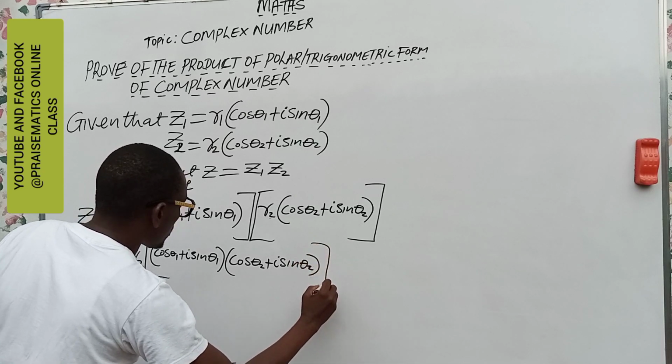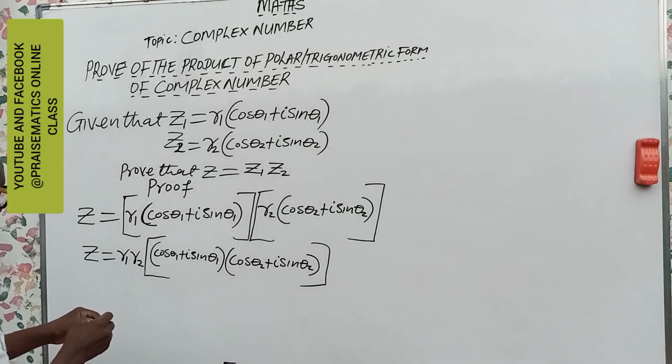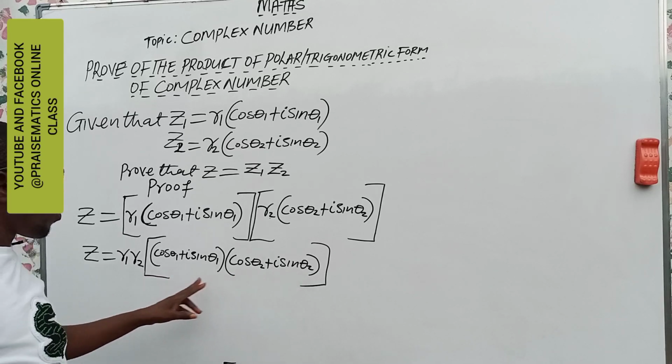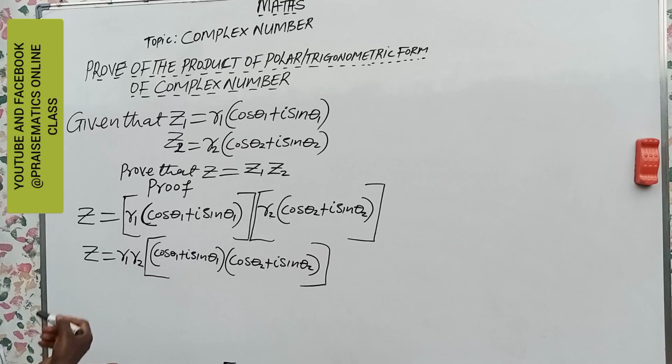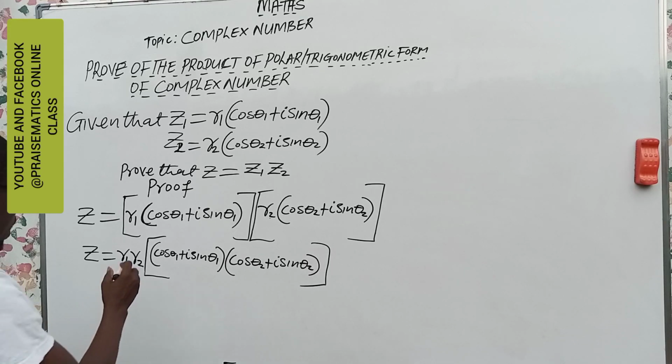Close it. So we are going to multiply the inner brackets and see what we are going to get at the end. Let's start.